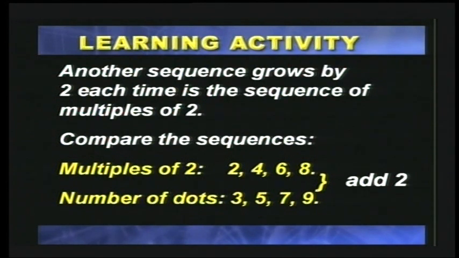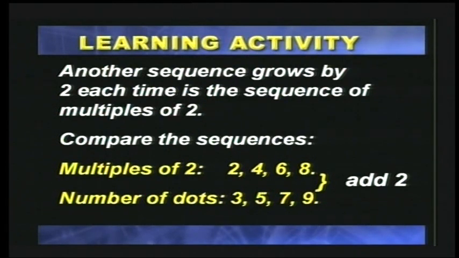Another sequence that grows by 2 each time is the sequence of multiples of 2. We count by 1 up to 10: 1, 2, 3, 4. Sometimes we count by multiples of 2, which is here. Multiples of 2, we start from 2, 4, 6, 8. That can be called a pattern also.